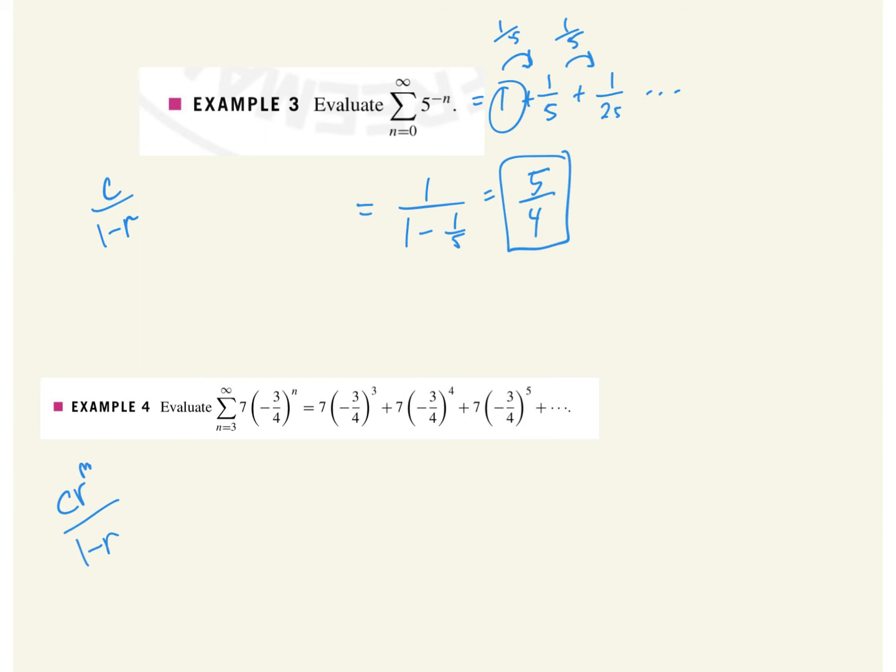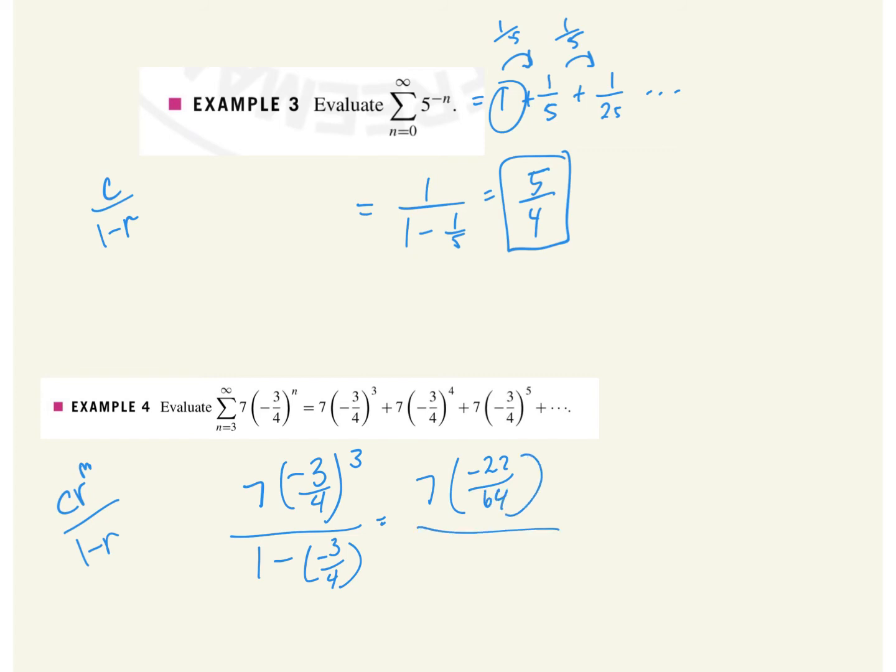So when we go to our formula, we have 7 times negative 3/4 cubed divided by 1 minus, in parentheses, negative 3/4. So then we would have 7 times negative 27/64 over 7/4.